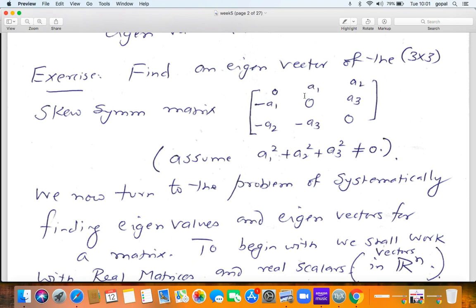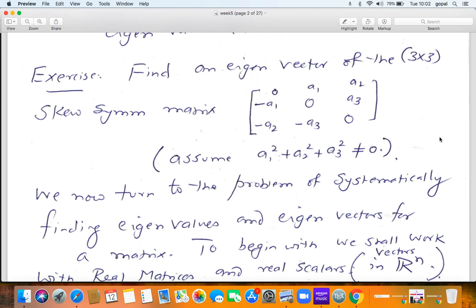So the nullity is positive and we know 0 is an eigenvalue. Find the corresponding eigenvector and try some things out. Take some combinations of, suppose I take (a3, -a2, a1) or some such thing, and see whether you get 0.